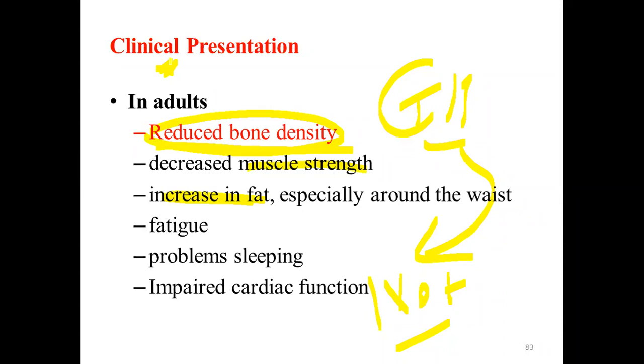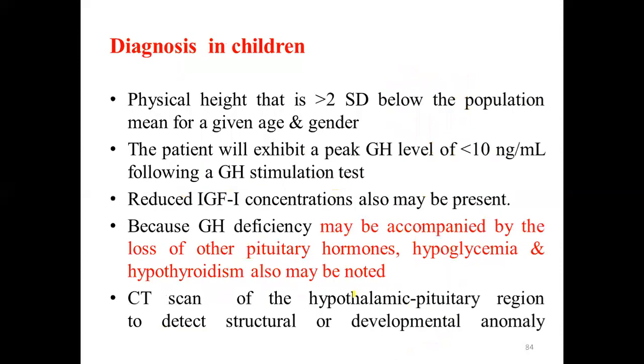So if the patient has a deficiency, you'll see increased fat and even high cholesterol level is very common in this patient population. Of course, it can even affect the growth of the cardiac function. So ultimately, the patient can have impaired cardiac function. So those are the clinical pictures.